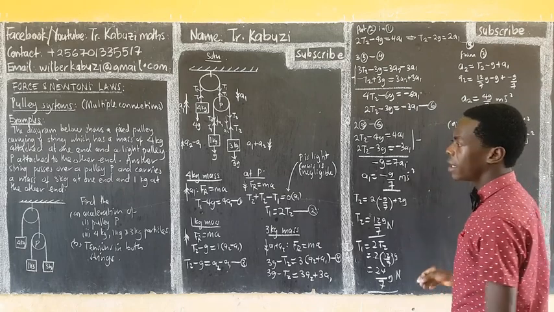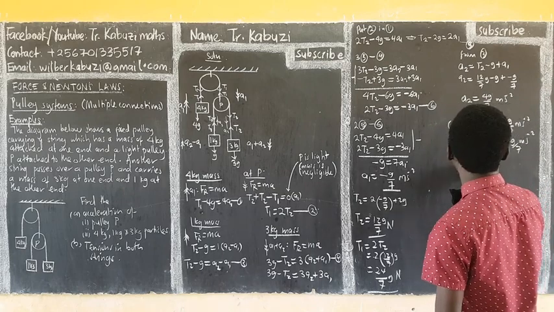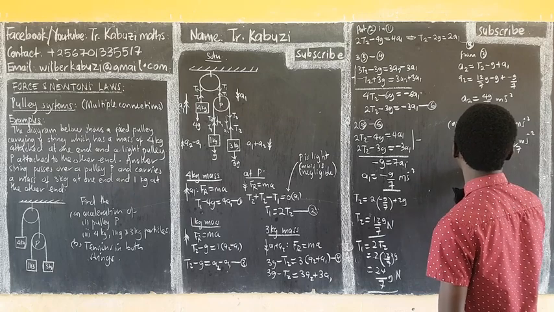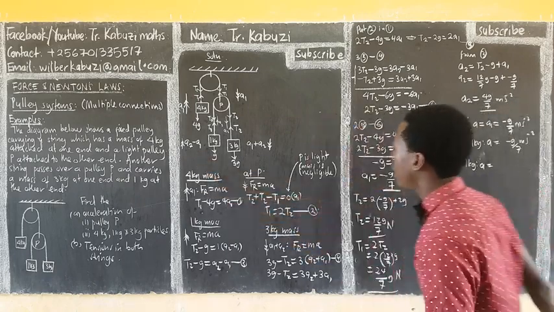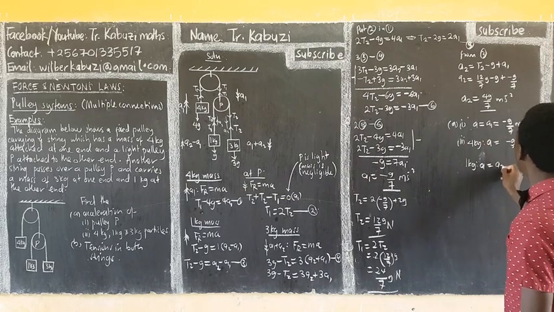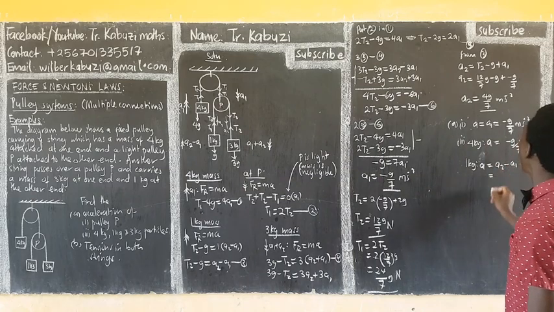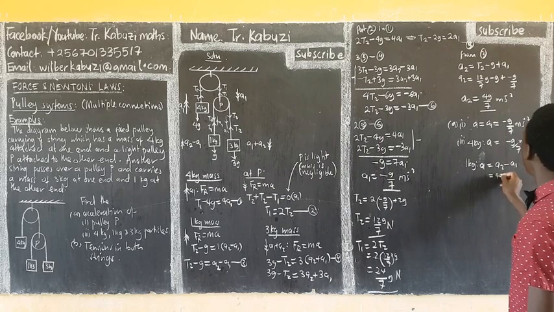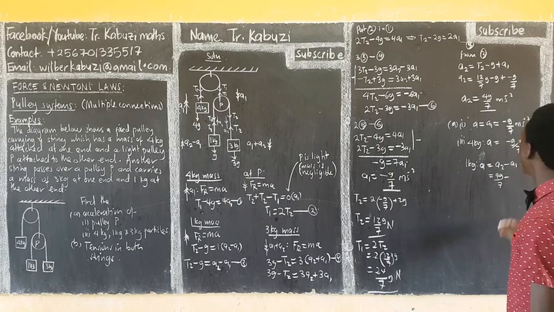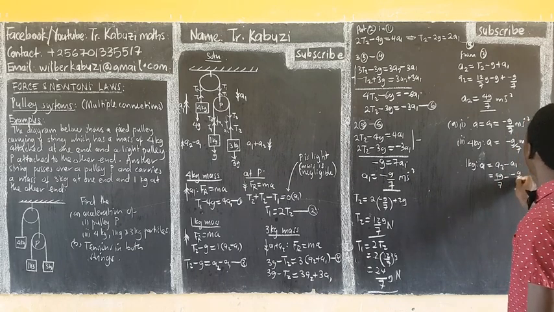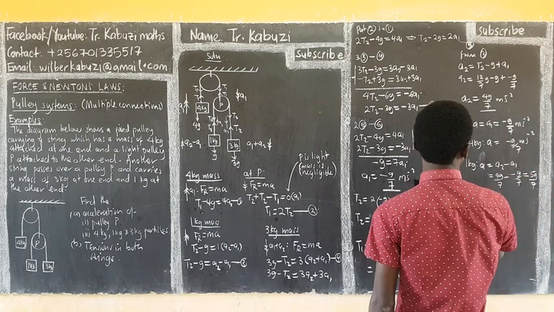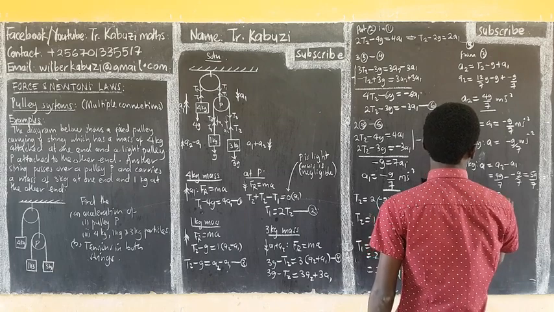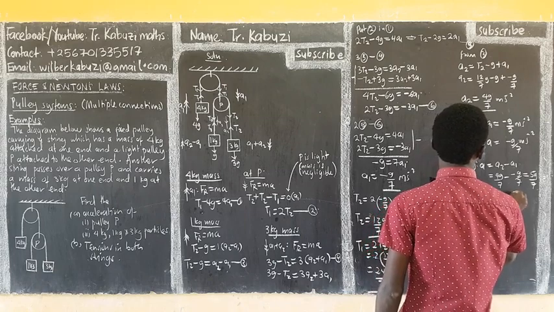Then 2b. Then we have the 1 kilogram mass. Its acceleration is going to be A2 minus A1. Our A2 is 4b over 7 minus A1, b over 7, which is going to be 5b over 7 meters per second squared.